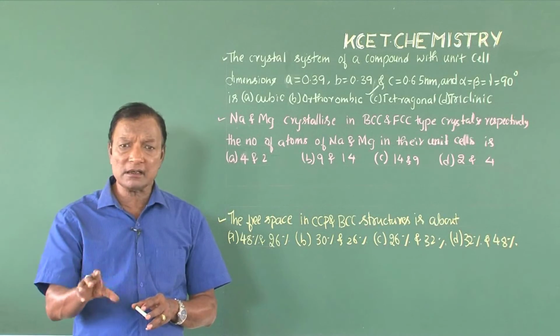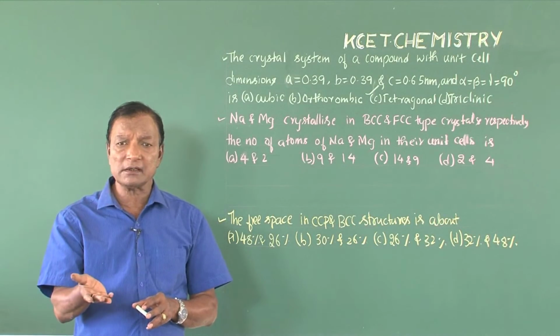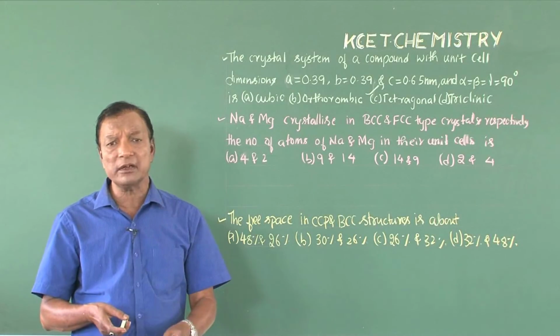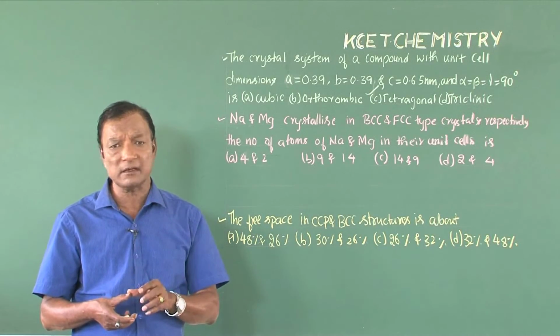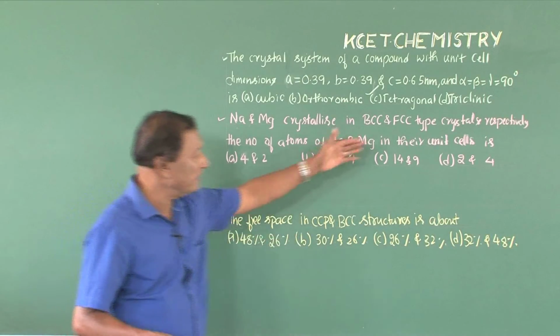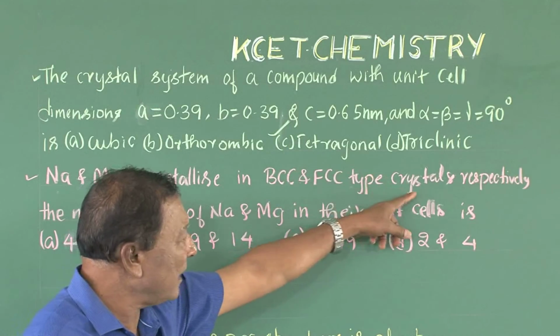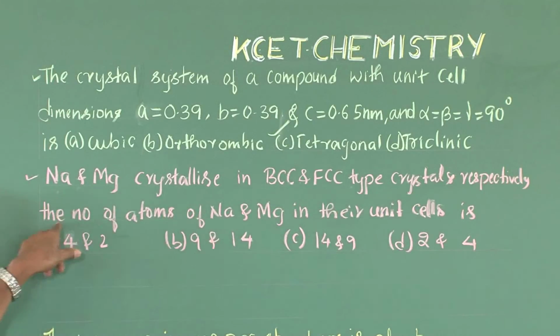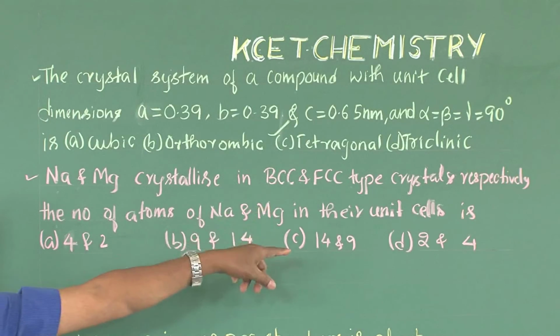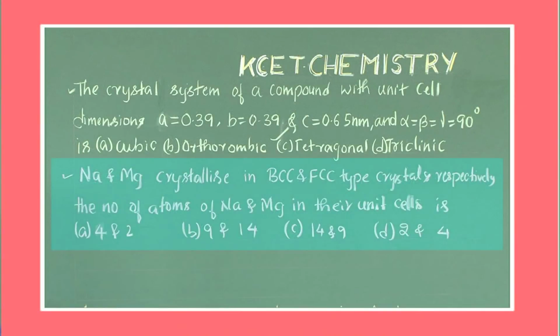And these lattices have their own unit cells, which we popularly call them as BCC unit cell and FCC unit cell. And the unit cells of these two metals here, the BCC and FCC type crystals, the number of atoms of the sodium and magnesium in these unit cells.